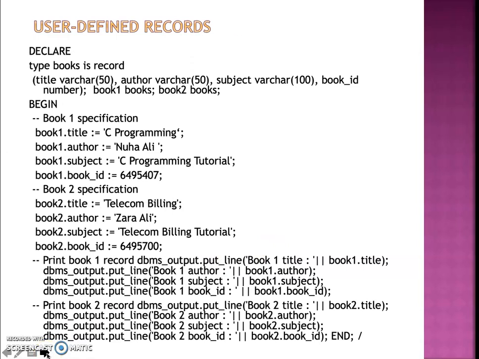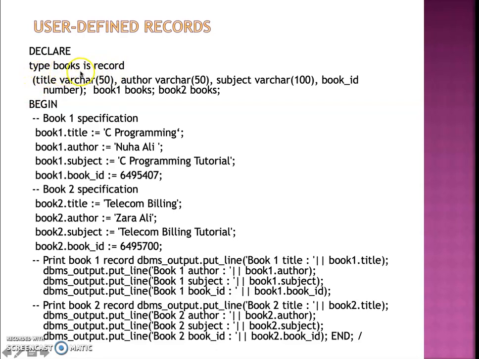User-defined records. This is another important thing in which we are going to create a user-defined record. This is the way we create it. In the declare block, we can declare a new record known as book by using the TYPE statement.